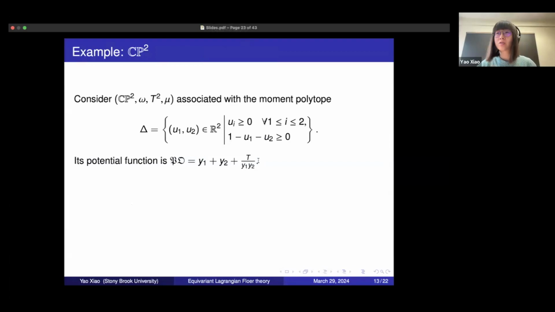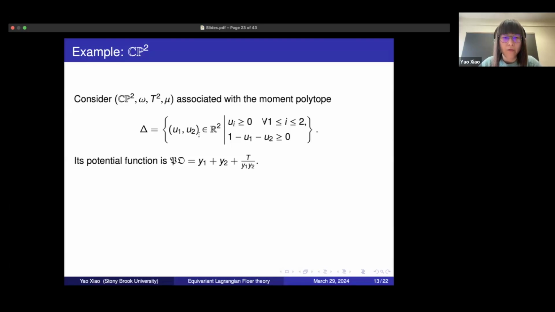Let's look at some examples. Consider CP^2 with the moment polytope, which is an isosceles right triangle, whose facets are given by the inequalities u1 greater or equal to 0, u2 greater or equal to 0, and 1 minus u1 minus u2 greater or equal to 0.